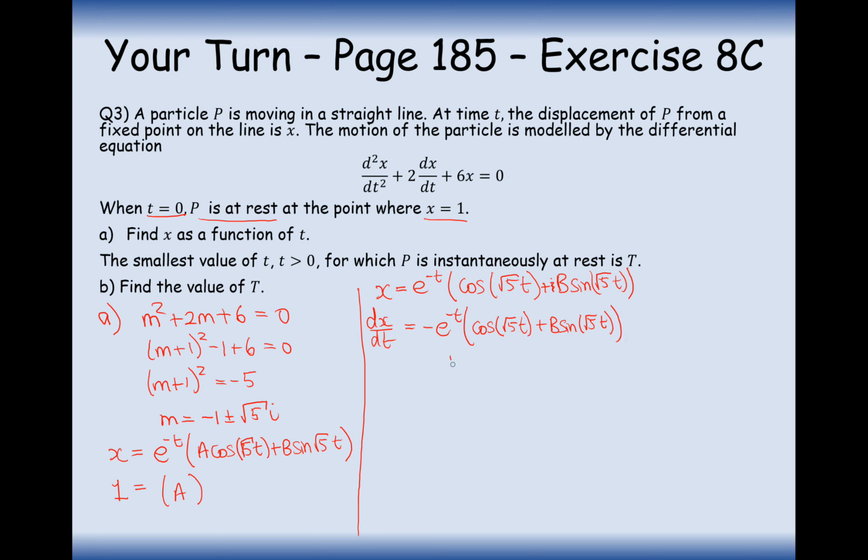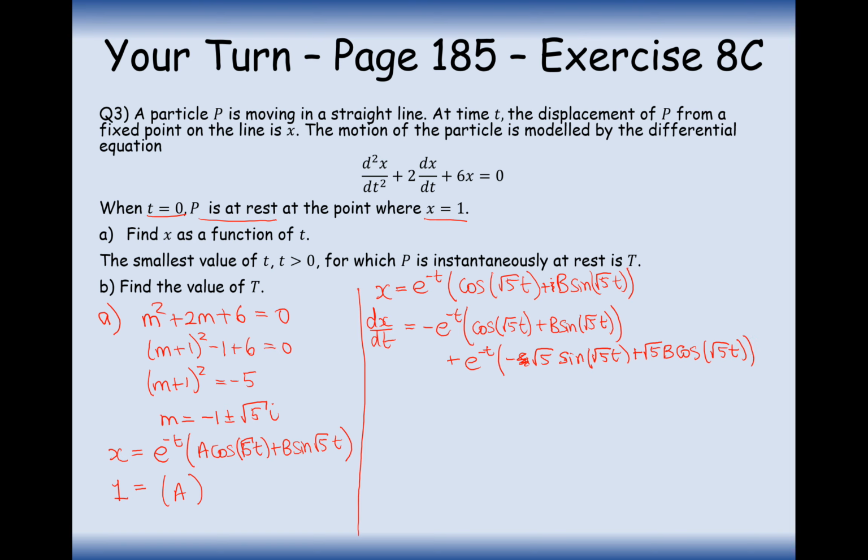Now I'll differentiate the thing at the back, so it's going to be e to the minus t brackets minus root 5 sine root 5t, and then it's going to be plus root 5b cos root 5t.